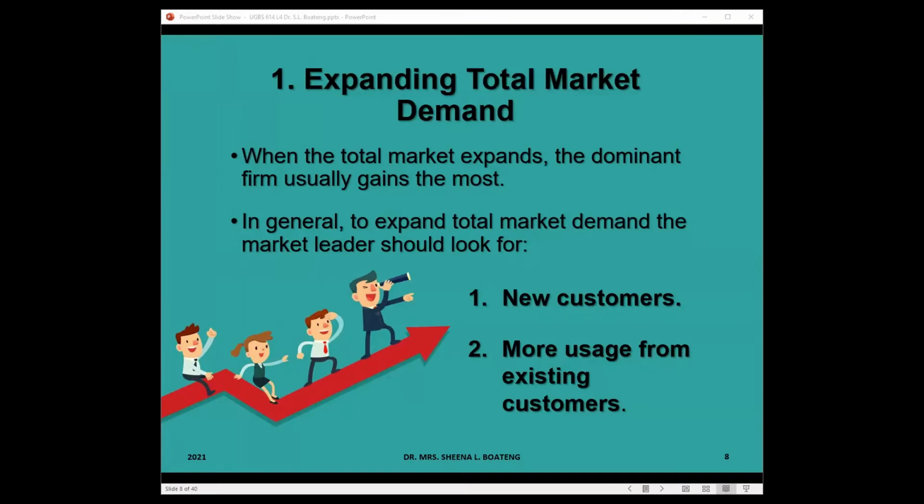Now, to be able to expand total market demand, the market leader must do one of two things: either find new customers or find more usage for their product and service from existing customers. And we are going to break each of these down and see what they mean.